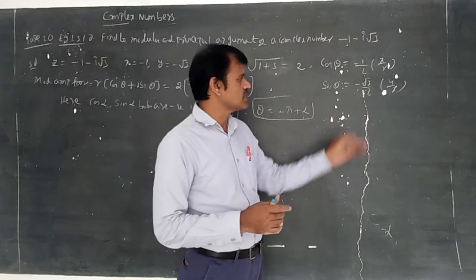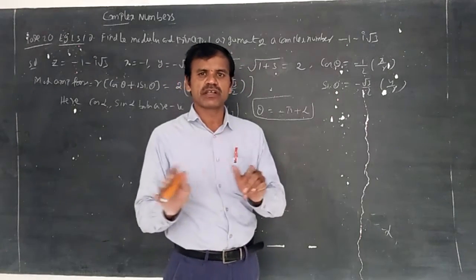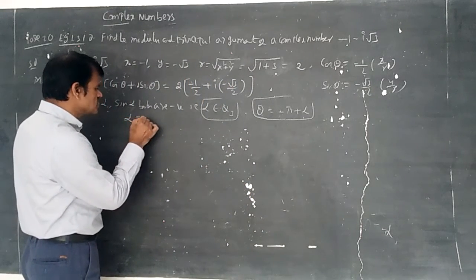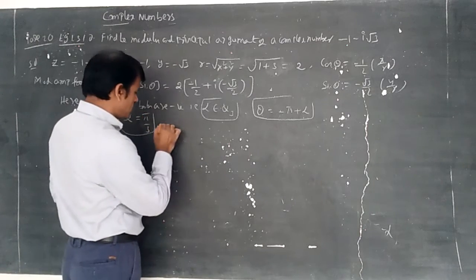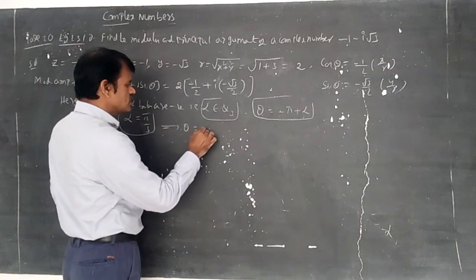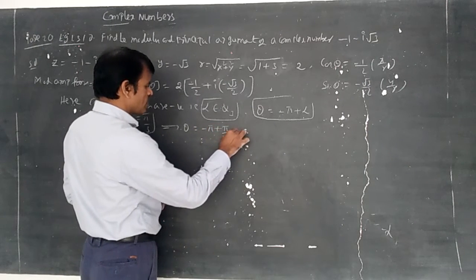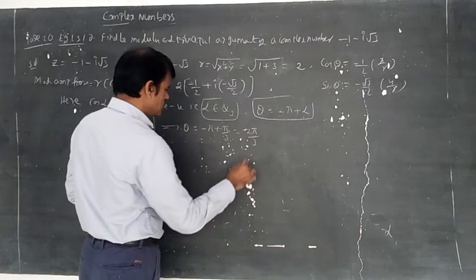For how many degrees is sin theta equal to root 3 by 2? 60. That's all. So forget about the symbol. Now you can write alpha is equal to pi by 3. That implies theta is equal to minus pi plus pi by 3, so you write here minus 2 pi by 3.